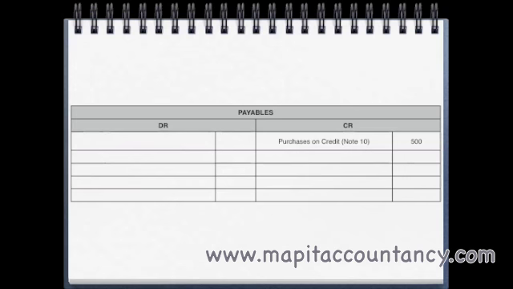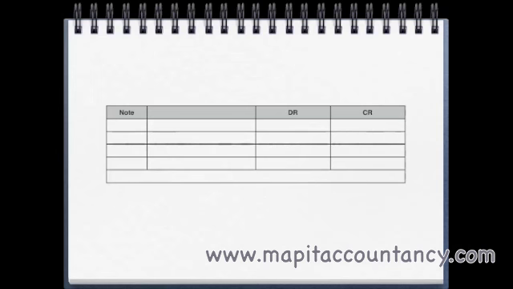So we can now move on to note 11. In note 11, we're told that Jim pays for the $500 worth of goods and gets a 5% discount for early payment. So here we have an early settlement discount, and this is a discount that Jim has received.